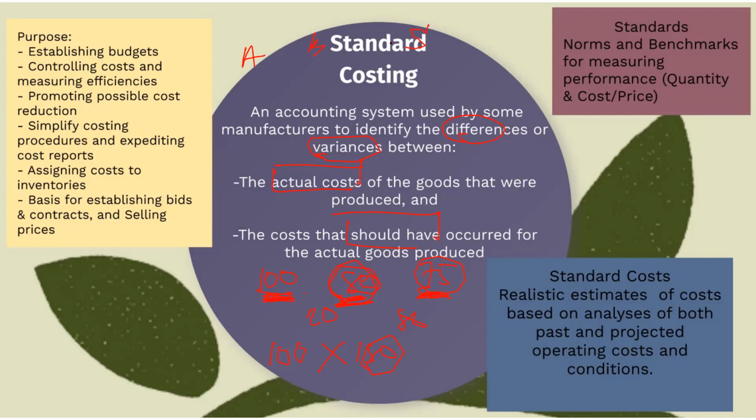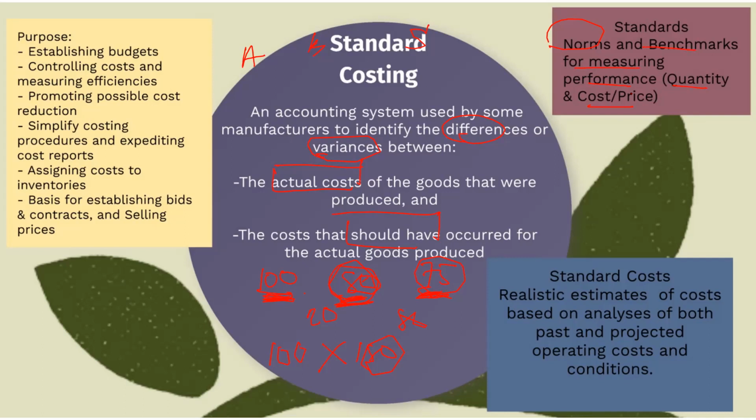Now, what is the purpose of your standard costing? Why do we do this? Initially, your standards are norms and benchmarks for measuring performance. It may be in quantity or in cost or price. Your standard costing is more useful at the end of the period.